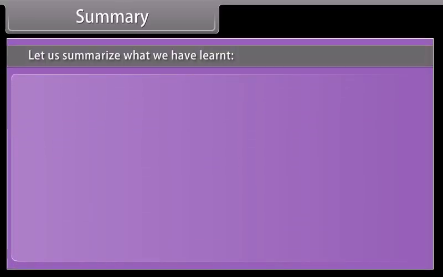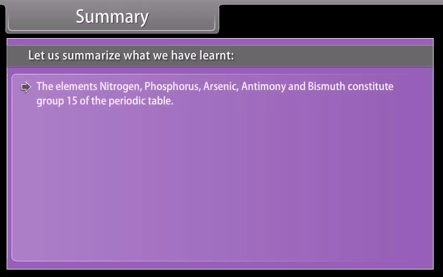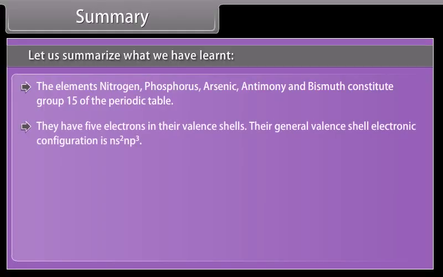Summary. Let us summarize what we have learnt. The elements nitrogen, phosphorus, arsenic, antimony and bismuth constitute group 15 of the periodic table. They have 5 electrons in their valence shell. Their general valence shell electronic configuration is ns2np3.